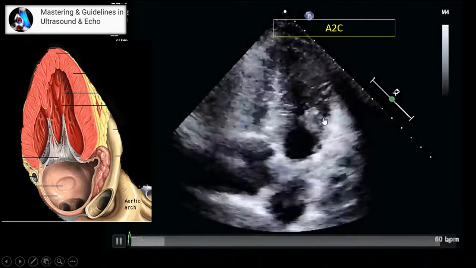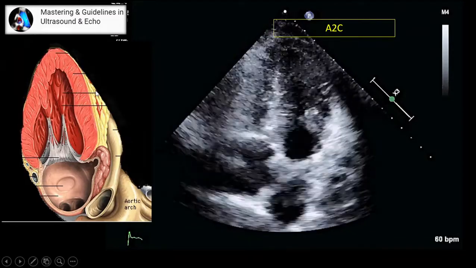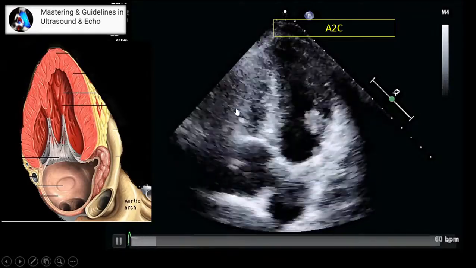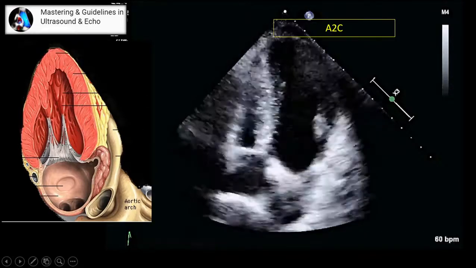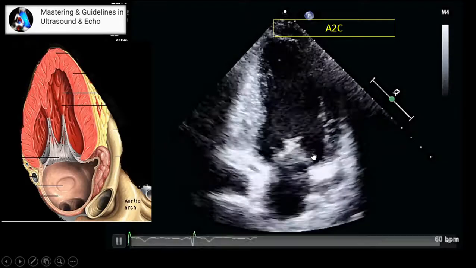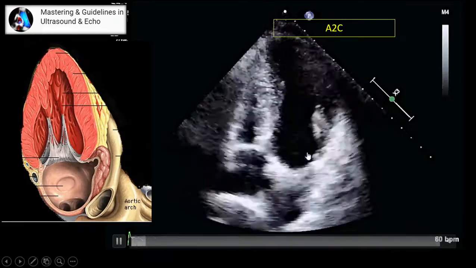If you go back to the cross-section schematic image that I showed at the beginning of this presentation, you know exactly what those structures are. Here on the mitral valve we have three different scallops of the mitral valve.